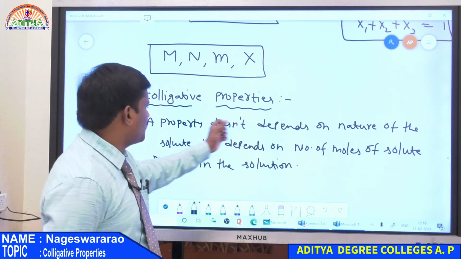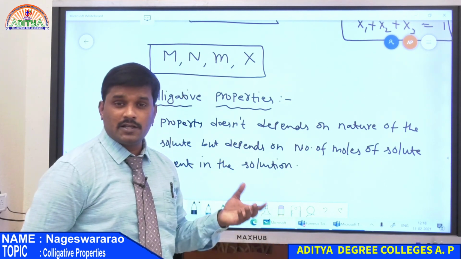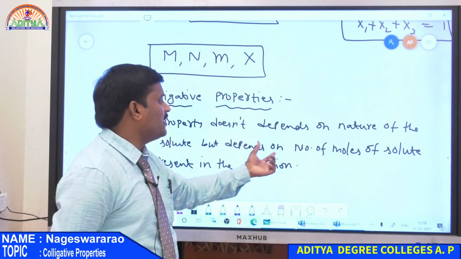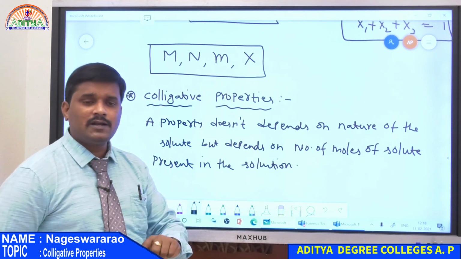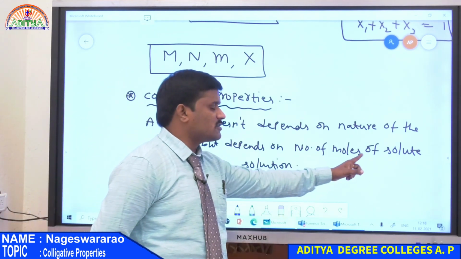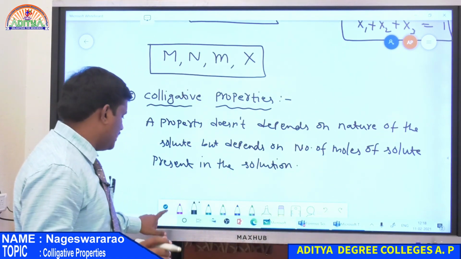Therefore, any property that does not depend on nature, but only depends on how many moles of solute are present in that solution. A property directly proportional to number of moles of solute is known as a colligative property.